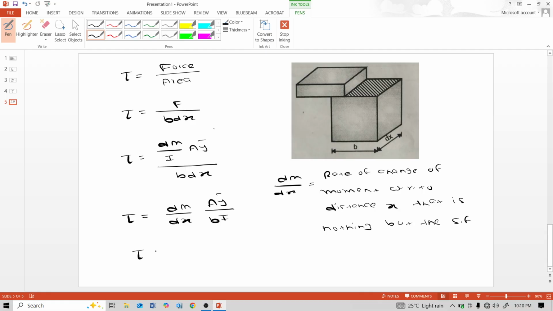Therefore, tau is equal to shear force, denoted as S, into A y bar upon b into I. This tau is shear stress and S is shear force.